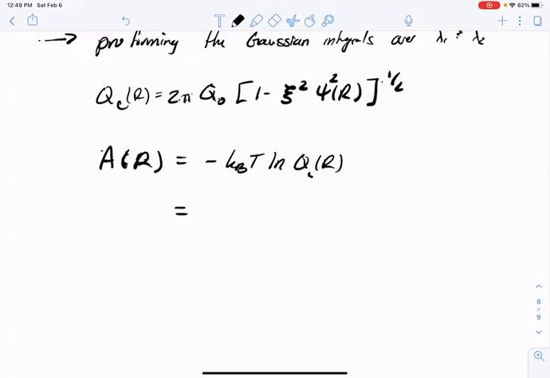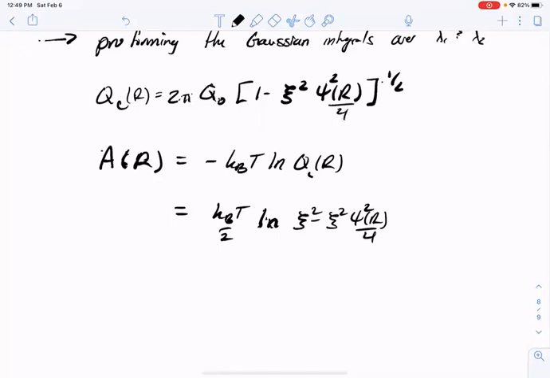Writing that out, that's kBT over 2 log of 1 minus psi squared, sorry, I missed a 4 there, plus some constant.